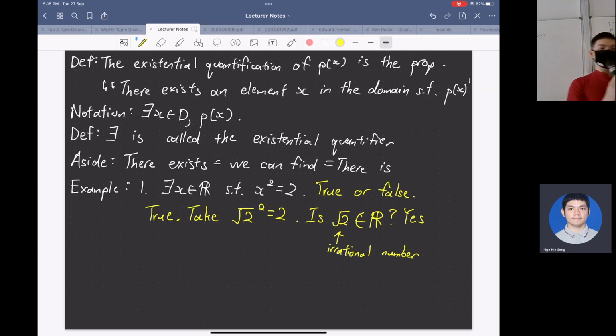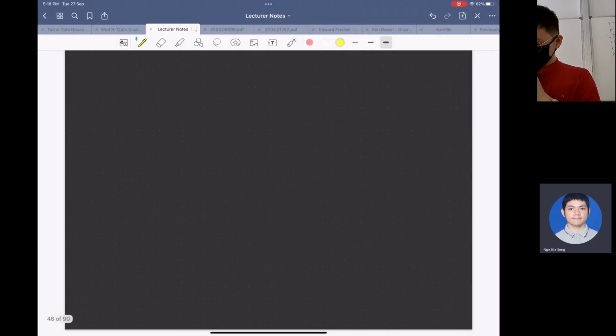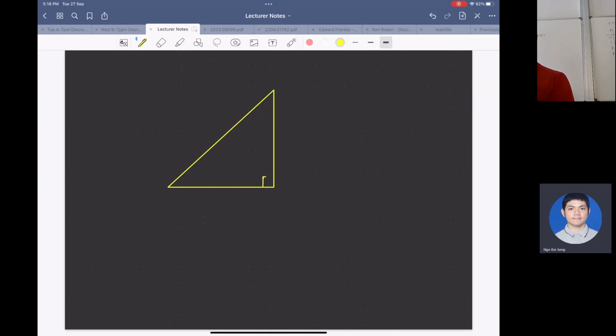I draw here. They came to this problem. The Greeks liked geometry a lot. There's the Pythagoras theorem: a squared plus b squared equals c squared.